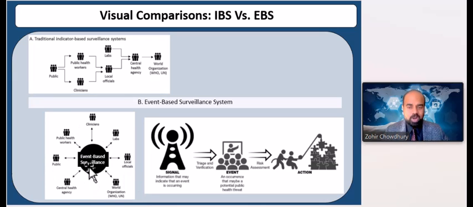In addition to all of this, just the media in general can also be a source of information that will be constantly gathered in this event-based surveillance system. So this event-based surveillance system captures information directly from all of the sources. And so it is, of course, overwhelmed with a lot of potential signals of potential public health events that can become threats.